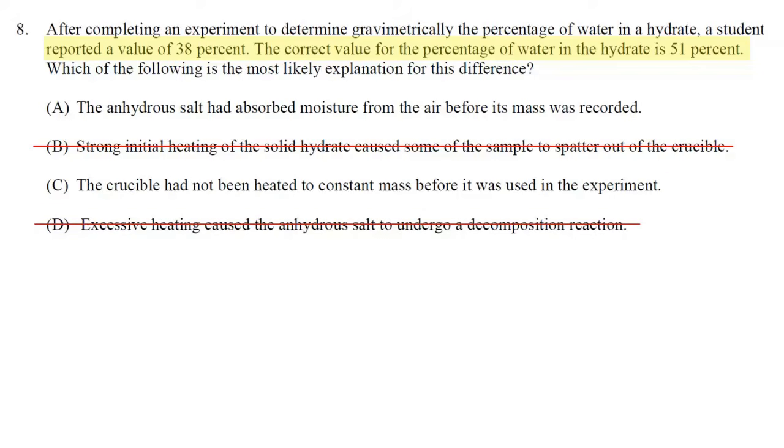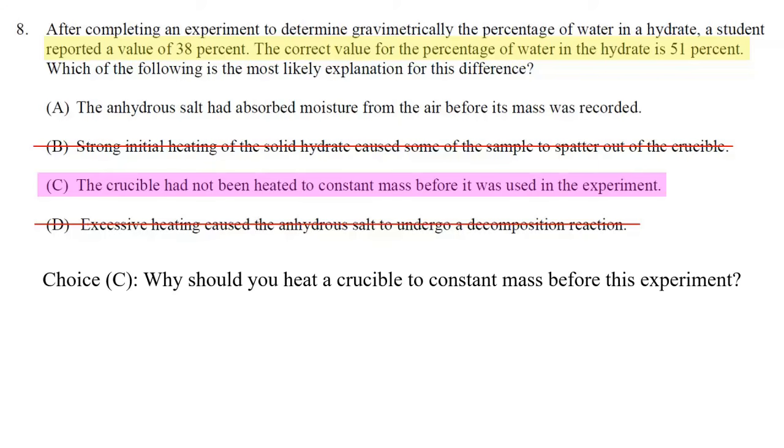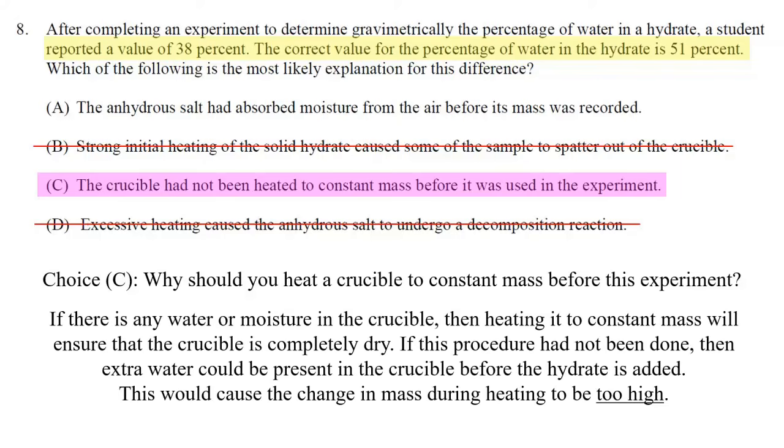All right, let's take a look at choice C. The crucible had not been heated to constant mass before it was used in the experiment. Well, you might wonder, why should you heat a crucible to constant mass before this experiment? Suppose that there's water or moisture in this crucible. You would heat it to constant mass because you're trying to make sure that this crucible is completely dry before you add the hydrate.